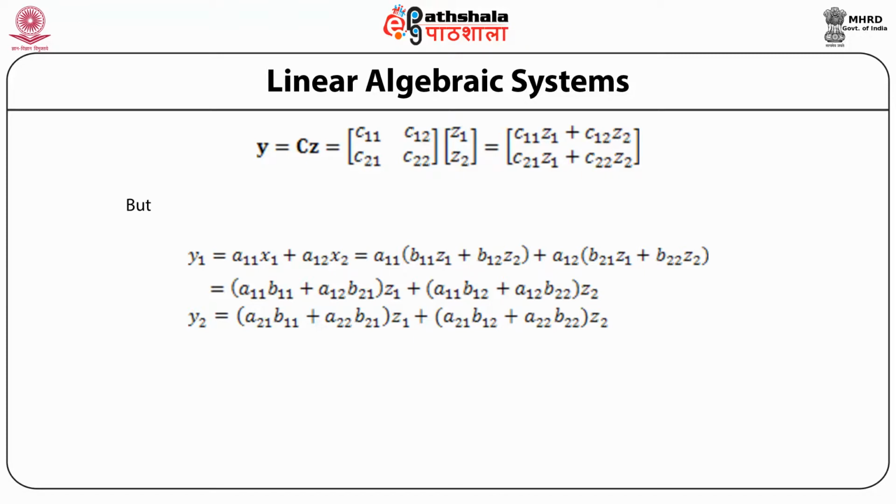Y2 is equal to A21 B11 plus A22 B21 into Z1 plus A21 B12 plus A22 B22 into Z2.